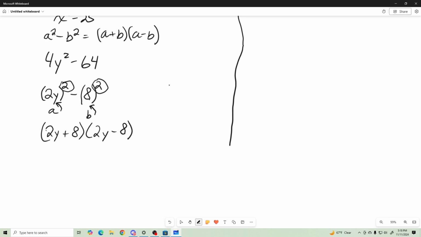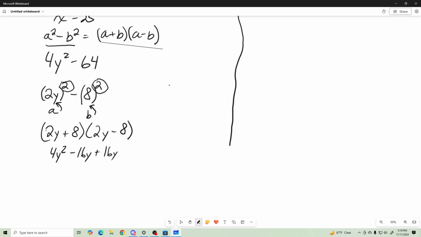So all we did is we took this original form, the a squared minus b squared, we found what a had to be, and we found what b had to be, so that we can convert it into this form up here. So now, if you just want to FOIL this out just to double check and see if you did it right, 2y times 2y would be 4y squared. 2y times negative 8 would be minus 16y. 2y times positive 8 is plus 16y.